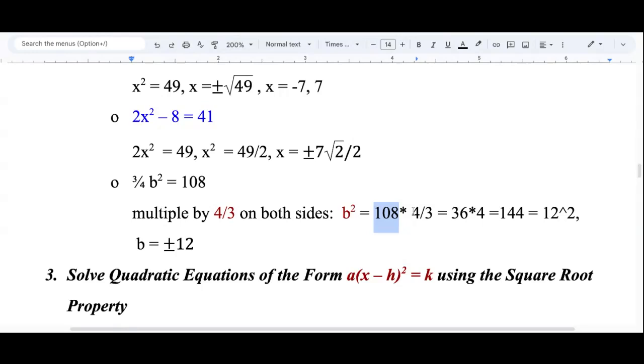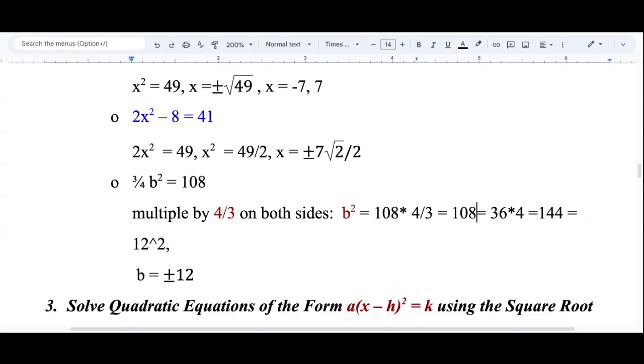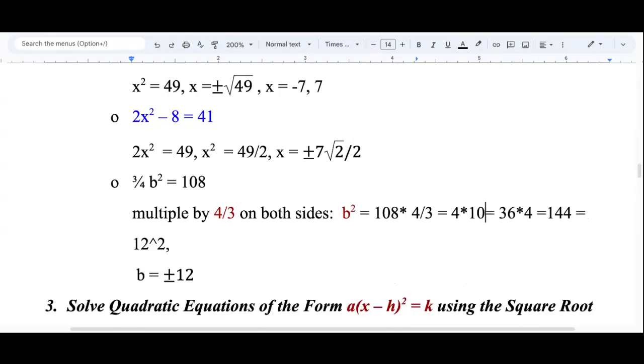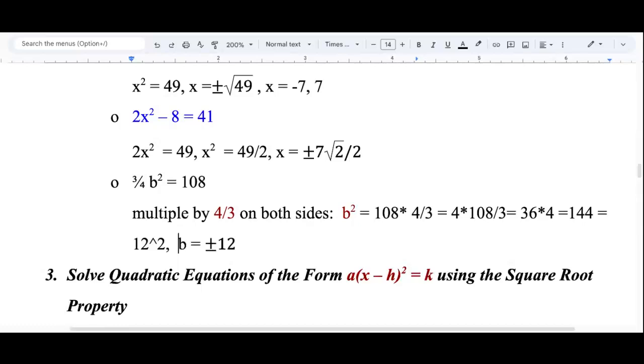So 108 times 4 over 3, let me write one more step. 108 divided by 3 is 36. So we get 36 times 4, which is 144, which is 12 squared. So b equals plus minus 12.